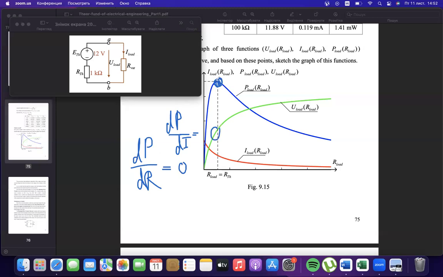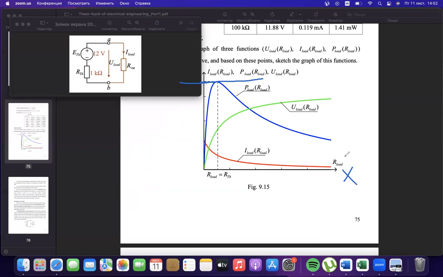This equation will give us the maximum point, because at the maximum point the derivative, or tangent line, will be parallel to x, and because the angle of this tangent line equals 0, the derivative should equal 0 at this point.